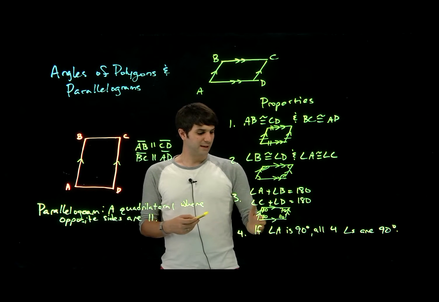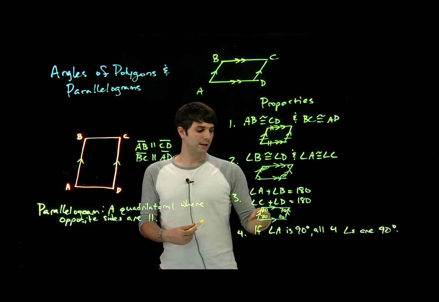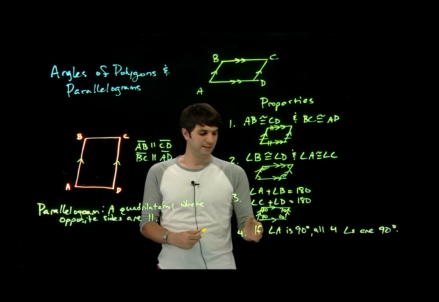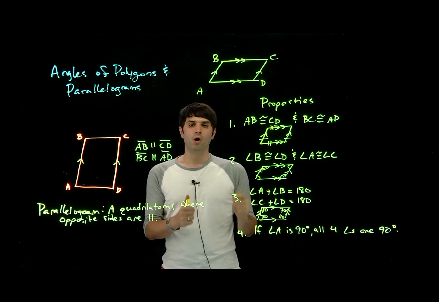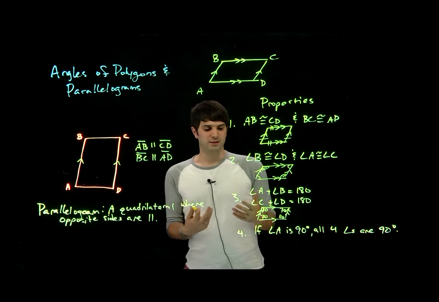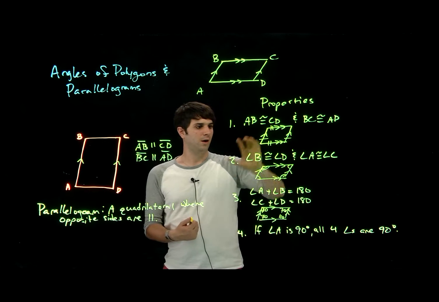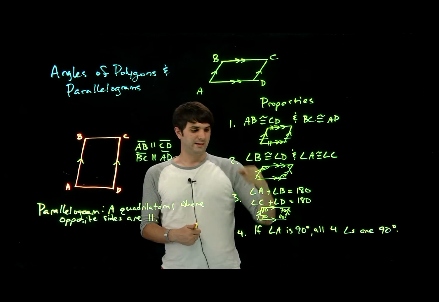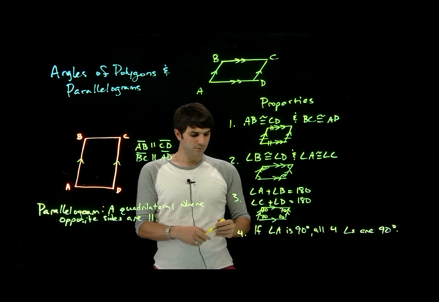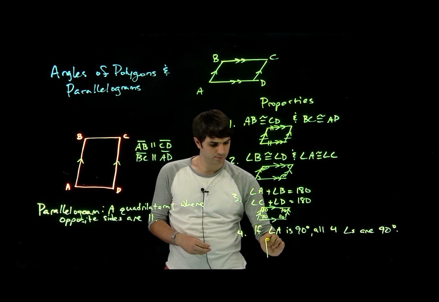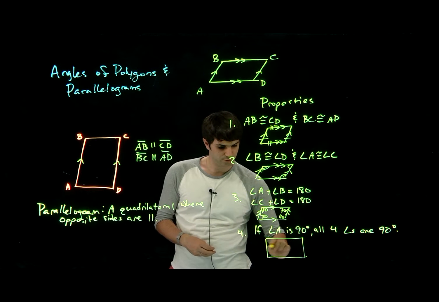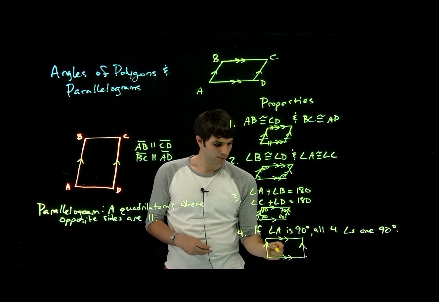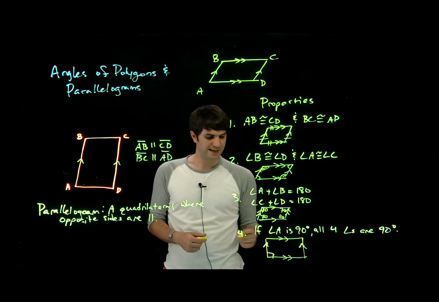Finally, if any angle in a parallelogram, so these are all talking about quadrilaterals, if you have a quadrilateral ABCD, if any angle is 90 degrees, all four angles are 90 degrees. So again, this follows from properties 2 and 3. Okay, so we have the given is a parallelogram, and one angle is 90.